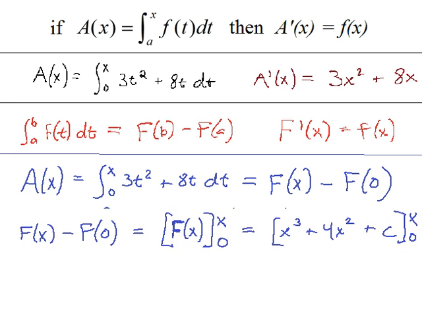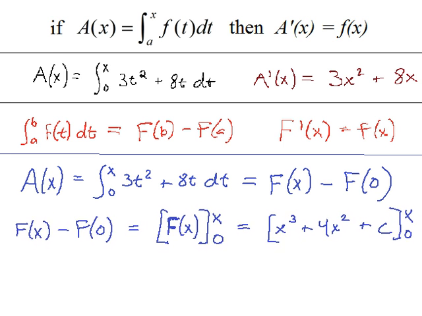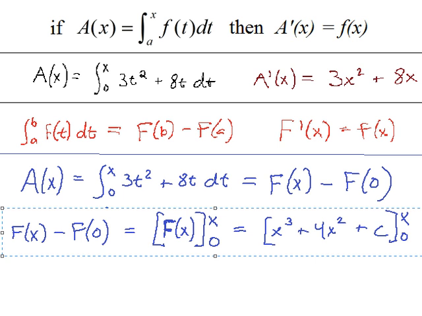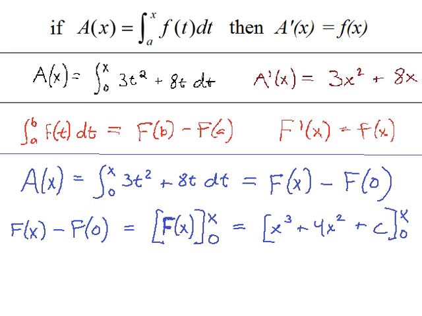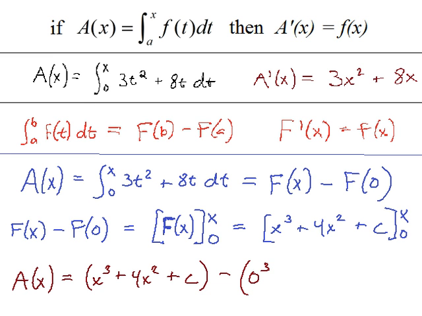Our final result for A of x will be, let's do this color, A of x is going to be equal to big F of x, which is x to the third plus 4x squared plus c, minus big F of 0, which is 0 to the third plus 4 times 0 squared plus c.